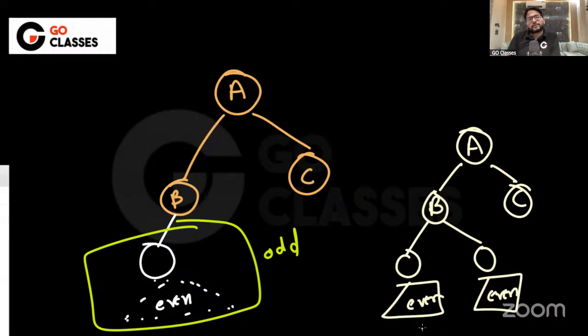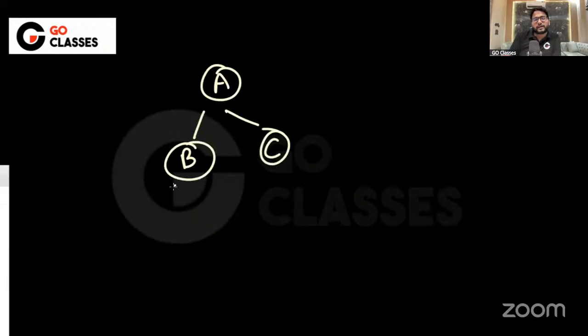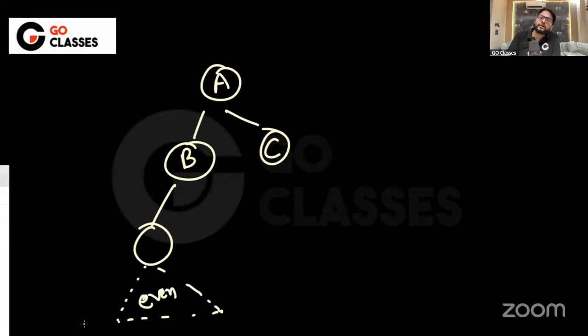So basically, if you have to have an even number of descendants, in that case you cannot have any node which is having exactly one child. For example, if any node tries to have exactly one child, and you want an even number of descendants, then since this will be having even only, because it has to be satisfied, this will be having an even number of descendants. Now how many descendants does B have?